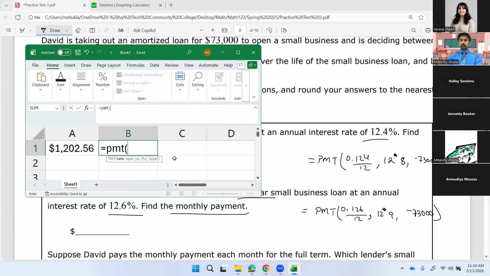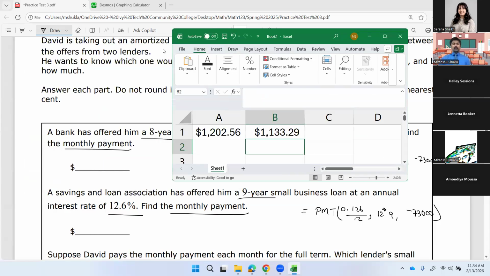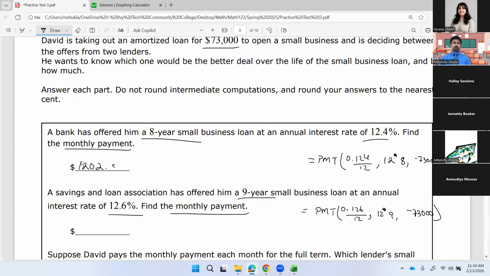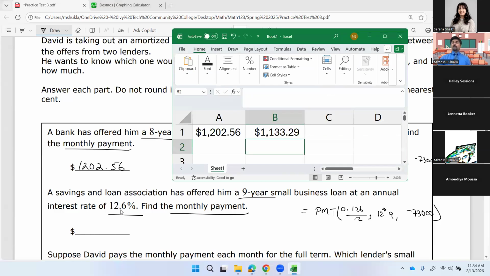PMT 0.126 divided by 12, comma, 12 times 9, comma, 73,000. This one is 1,133. So the 8-year is $1,202.56. The 9-year is 1,133.29.